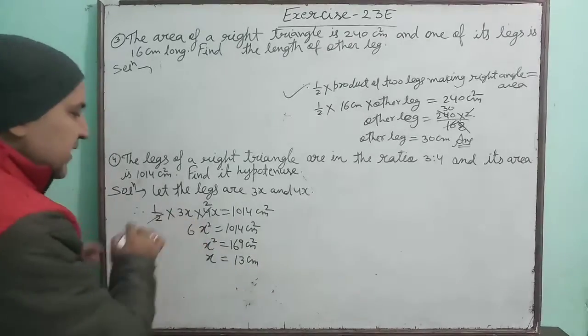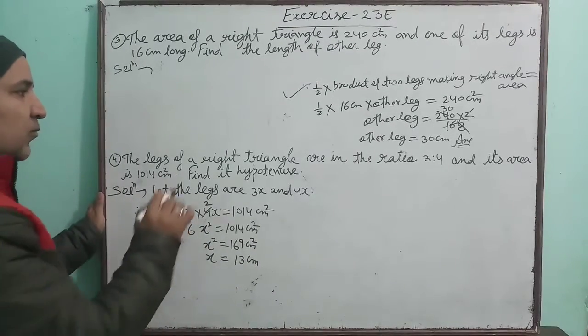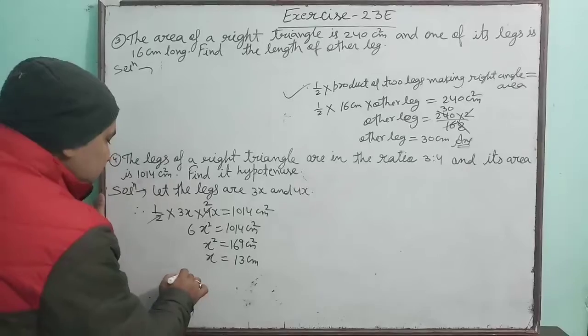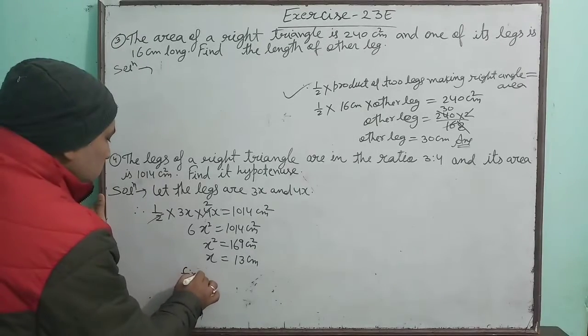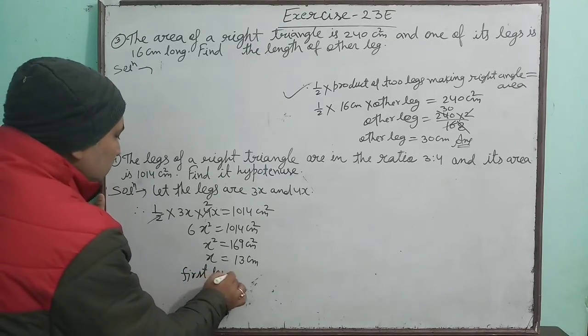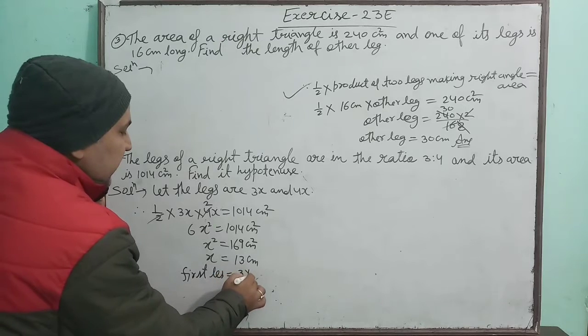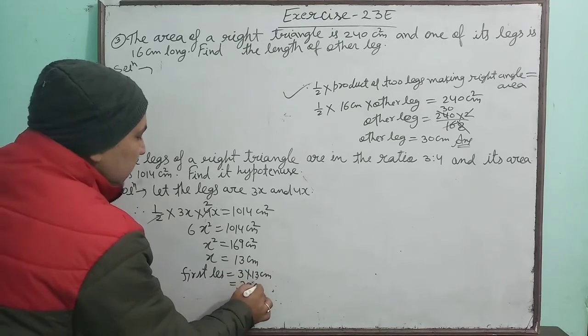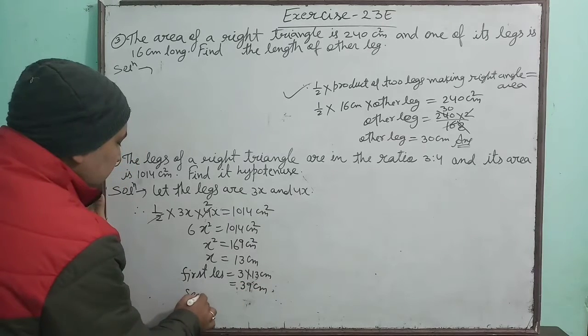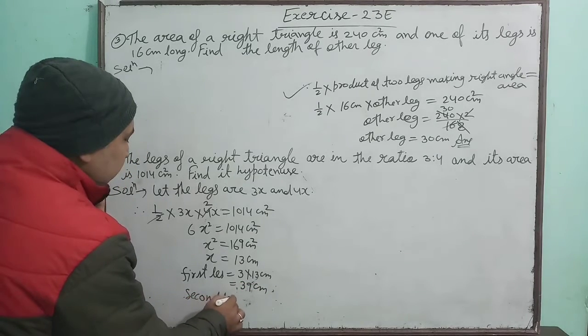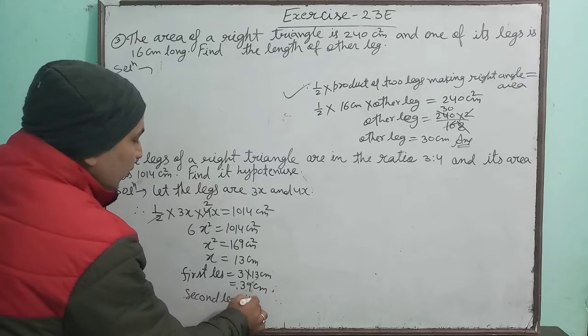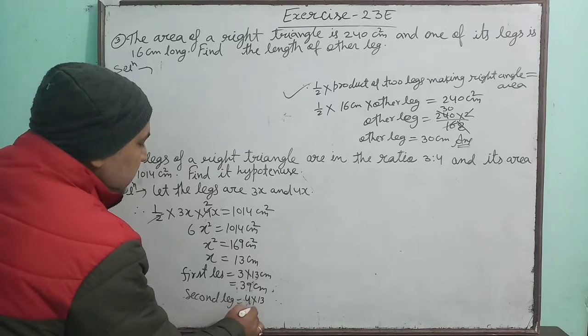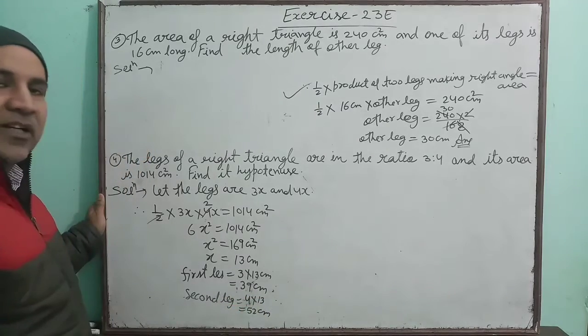So if x is 13, then what will be the legs? First leg is 3x means 3 into 13, that is 39 centimeter. And second leg is 4 into 13 means 52 centimeter.